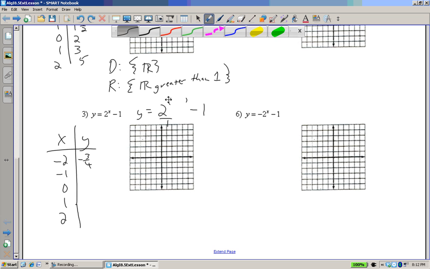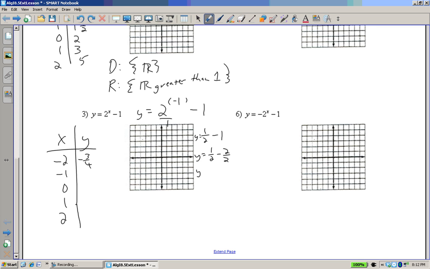All right, and -1 to the negative first power, that's going to be 1 over 2 to the first power, 1/2, minus 1. You can think of 1 as 2/2. 1 minus 2, -1. So that'd be -1/2.